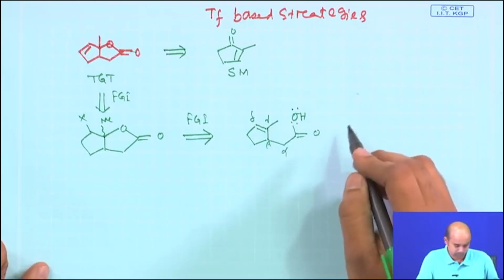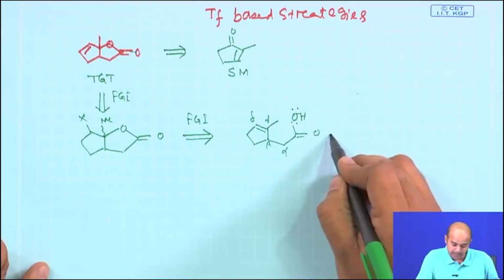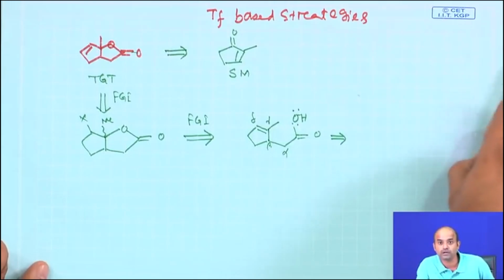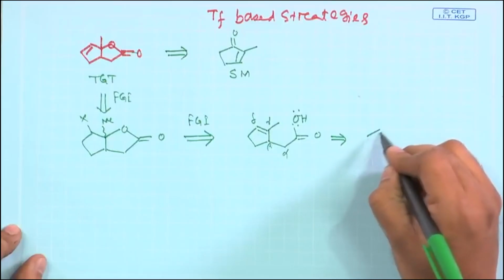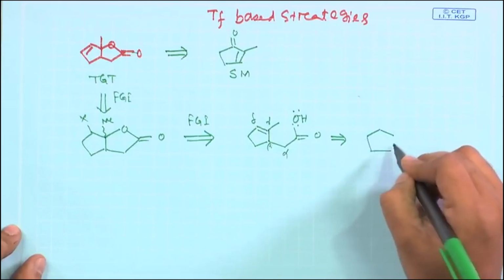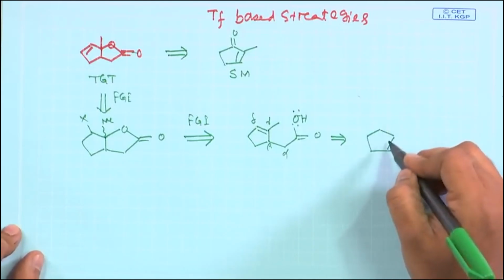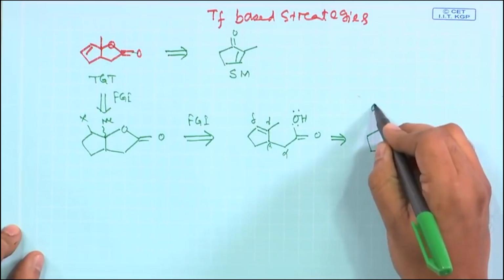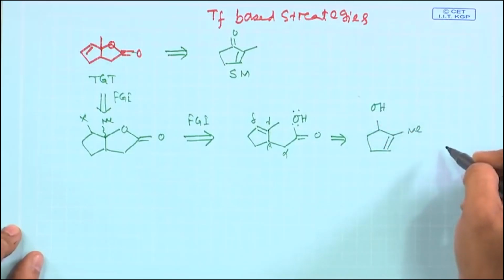Now, we already know that gamma, delta unsaturated carbonyl compounds can be prepared by Johnson orthoester Claisen rearrangement. Okay. So, the information which we told you earlier, you can use right now. So, you basically have to figure out simple allylic alcohols, is it not?